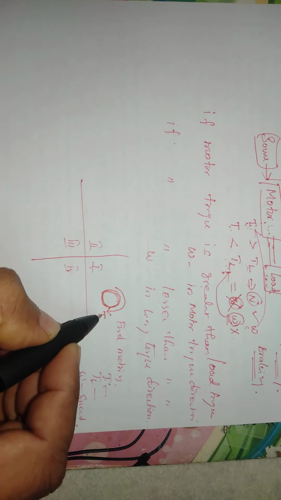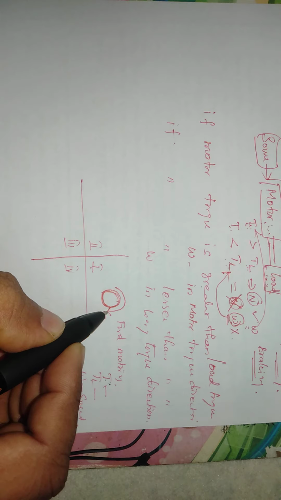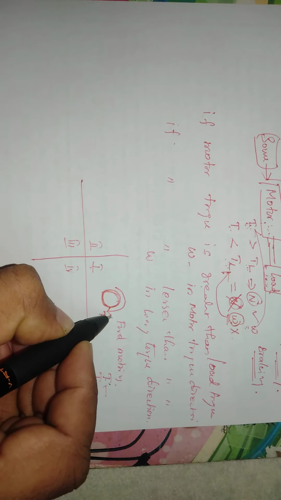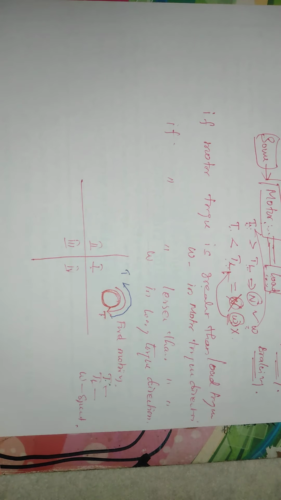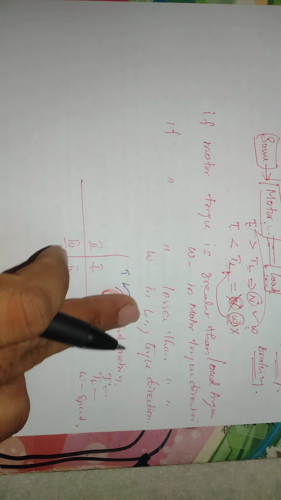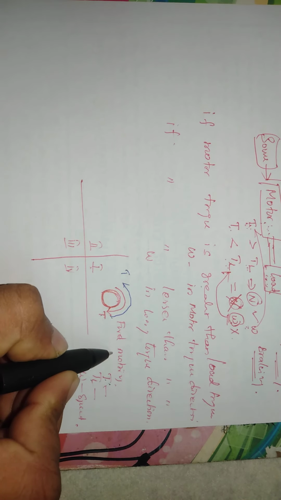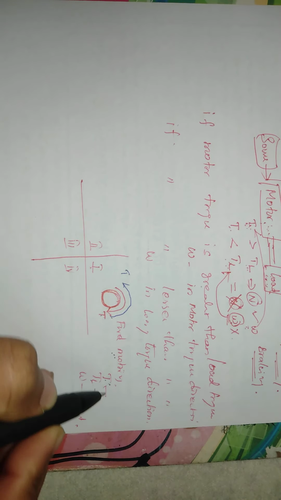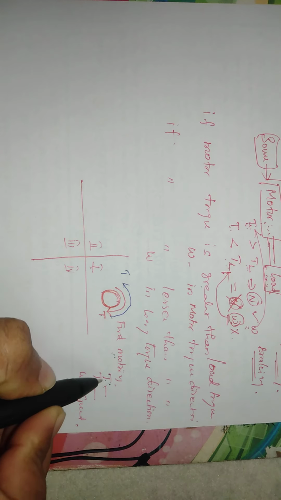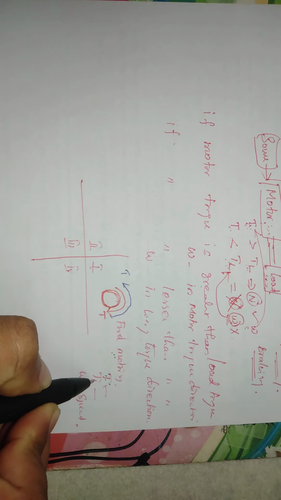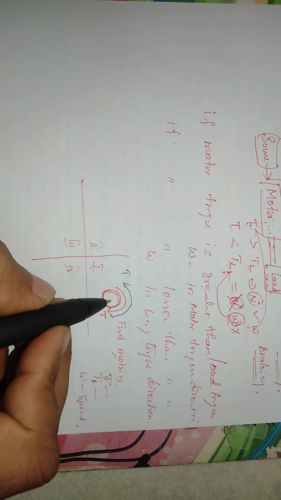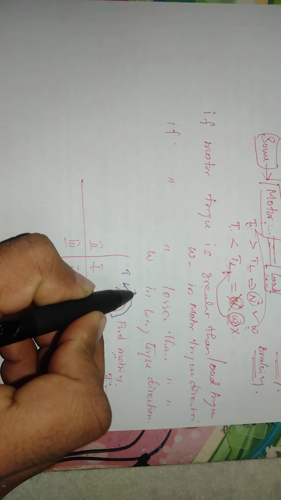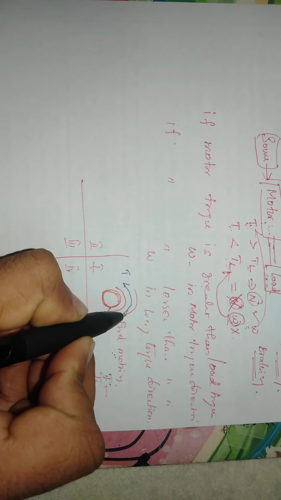Here the motor torque is in this direction, so obviously the load torque will be in the opposite direction. In first quadrant, motoring, the motor torque should be greater than the load torque. So the speed will be in the direction of the motor torque.